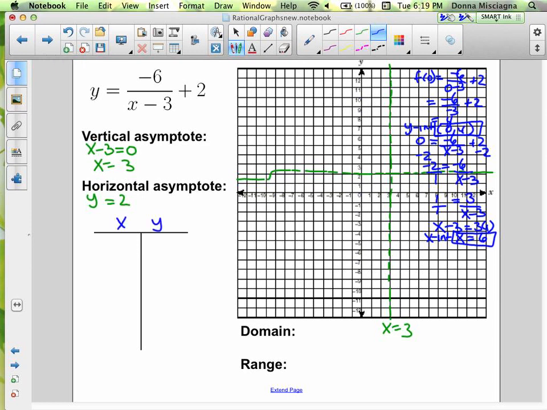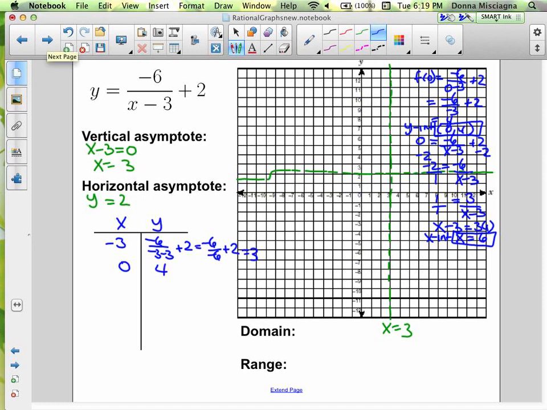All right, so I'm going to plug in, and this one has lots and lots of nice, pretty points. So I'm going to plug in negative 3: negative 6 divided by negative 3 minus 3, plus 2. That would be negative 6 divided by negative 6, that's just 1, plus 2 is 3. And I'm going to use 0, which is the y-intercept, so (0, 4).